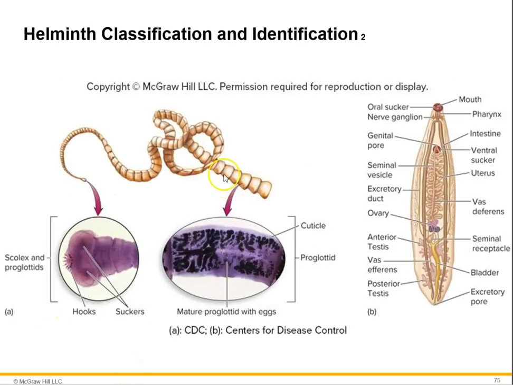Okay, so this is an example of a tapeworm. This is its quote-unquote head, so the scolex. The scolex has hooks and suckers on it for attachment to the host. And then you've got these segments called the proglottids. And the proglottids are packed full of eggs.